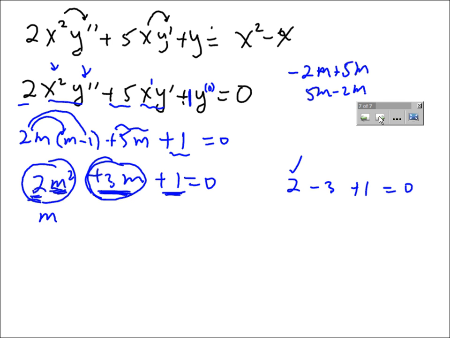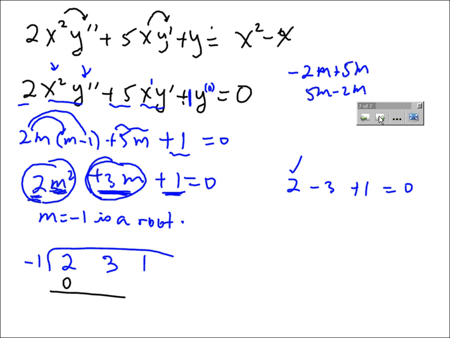So I know m equals negative 1 is a root. So I put negative 1 here, and I go 2m squared plus 3m plus 1. I always like to put a 0 here. You add 2 plus 0, and you multiply, you put the answer there. You add these numbers, you multiply by the negative 1, and you put the answer there. And if you get 0, then you know that negative 1 is a root.